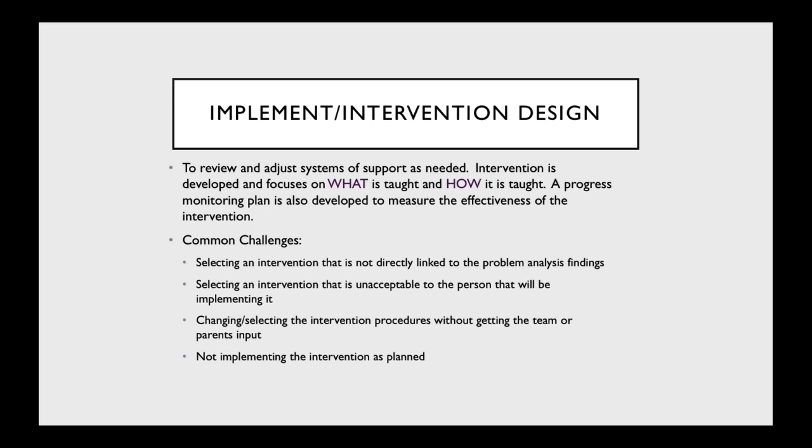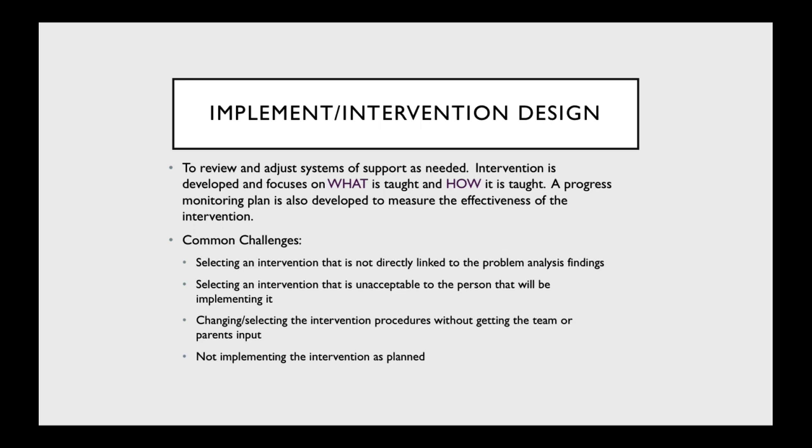So some of the challenges that teams face with this intervention design step is that we select interventions that are not directly linked to the problem findings. I think we select interventions sometimes based on what's available versus what's necessary.